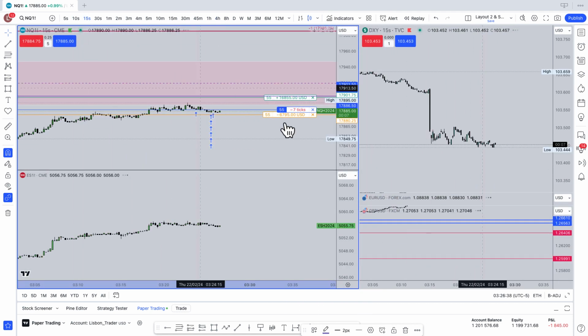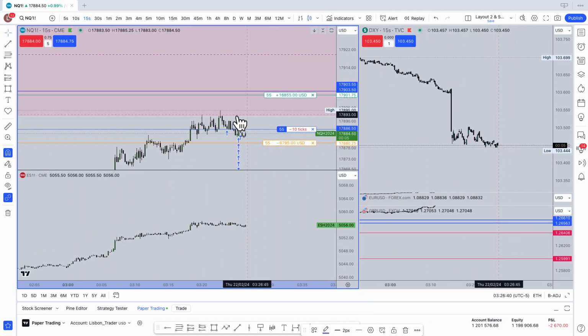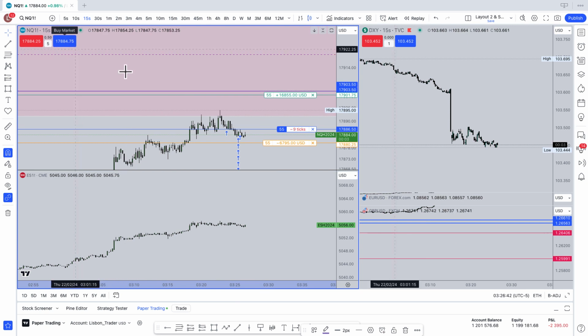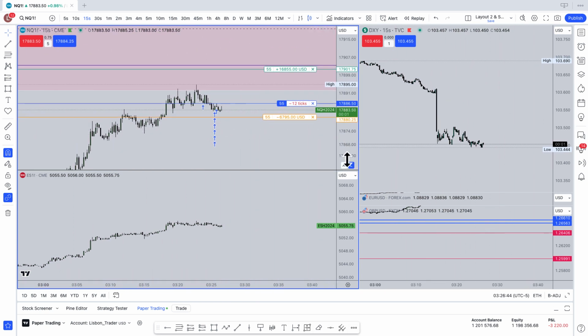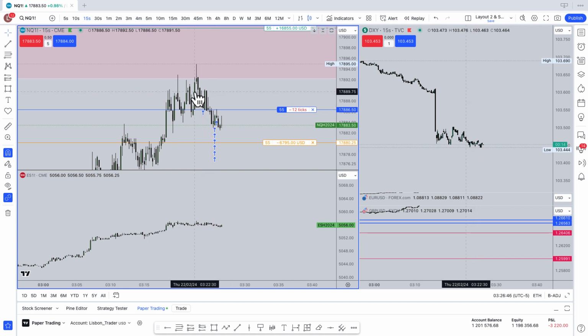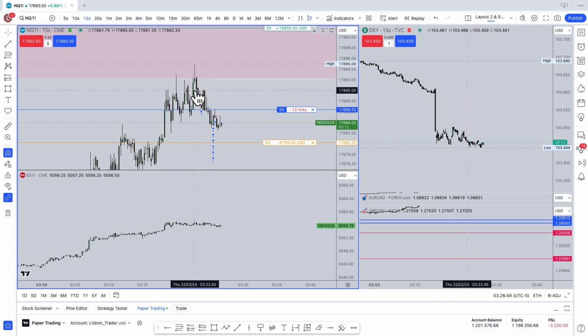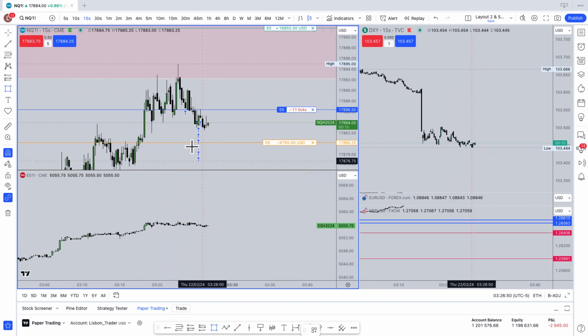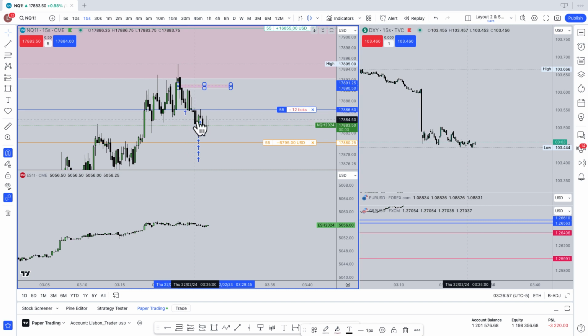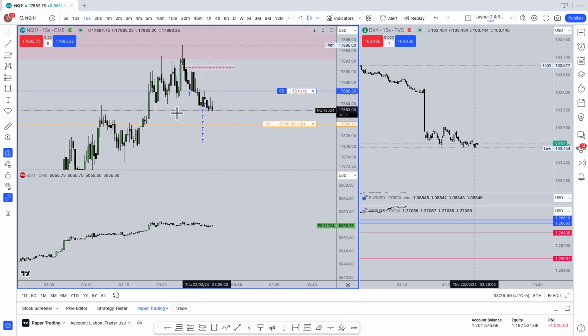And to 3. The volume imbalance is here, so a no wick candle there. Price is pushing lower.